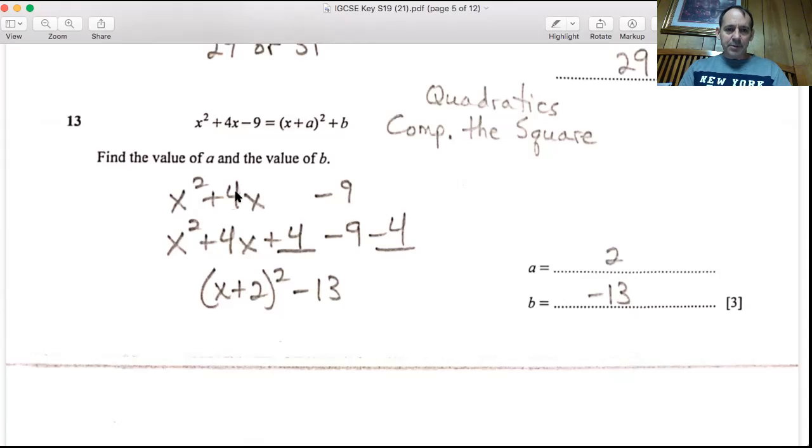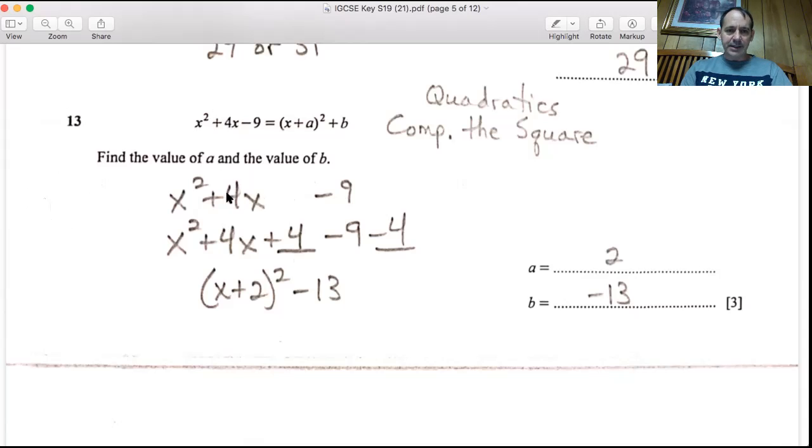So to find the number that does work, there's a little formula. I didn't write it here. I probably should have. It's b, being the coefficient of the second term, b divided by 2 squared. That's the formula to find the magic number. That's what I call it, the magic number for completing the square.